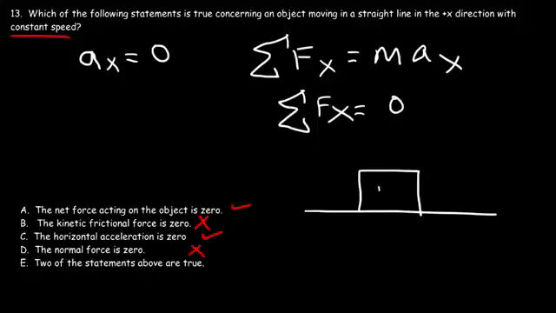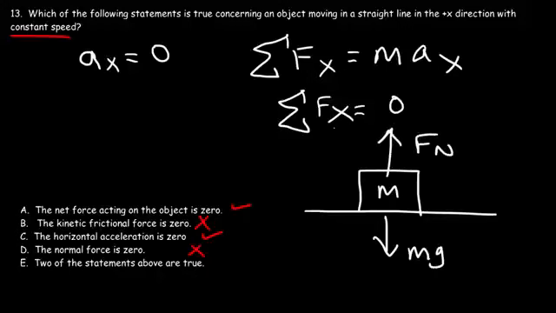An object has mass, and as a result, it has a weight force, which is mg. And that weight force is balanced by the normal force on a horizontal surface. So the normal force is not 0 on a horizontal surface. It's equal to the weight force of the block if there's no other forces acting on it. Now, friction doesn't have to be 0.